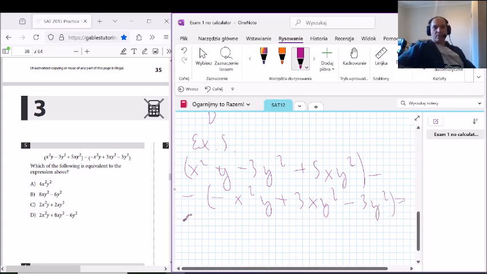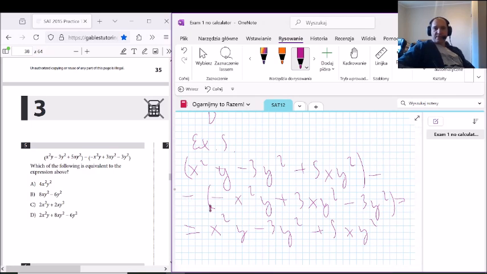First of all, we want to get rid of these brackets. The first bracket doesn't really do anything. There is no sign, no number before or after this bracket, so we can just take it off. So it will be x squared y minus 3y squared plus 5xy squared. The other bracket is a different story because there is a minus sign before it.